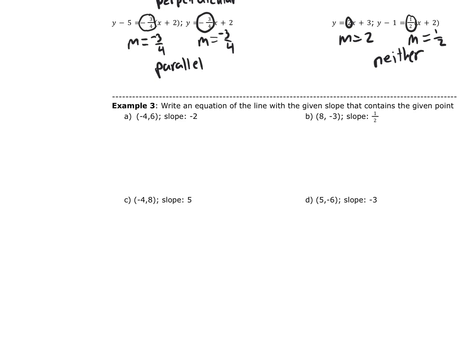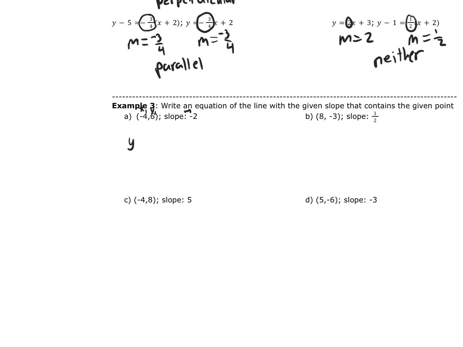Alright, next, write an equation of a line given the slope that contains the given point. It goes through the point -4, 6 with the slope of -2. So we know that we can use point slope form, x1, y1, and this is our m.